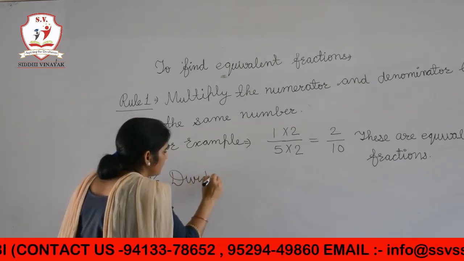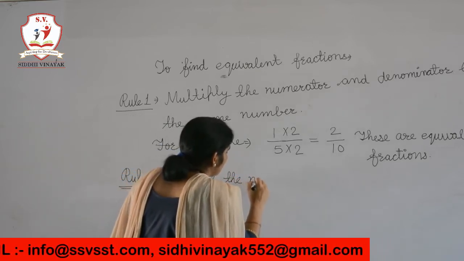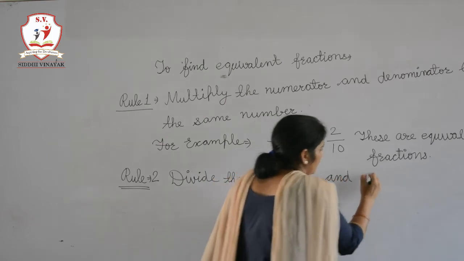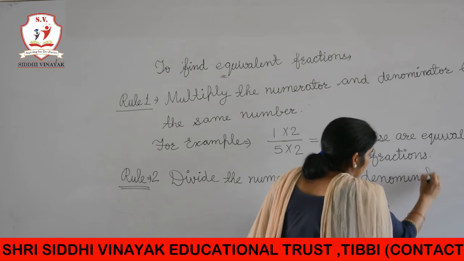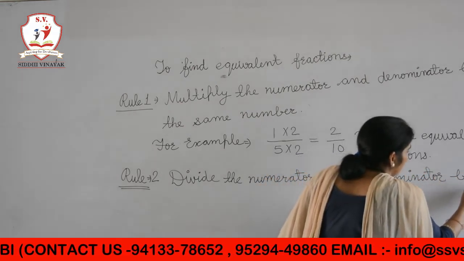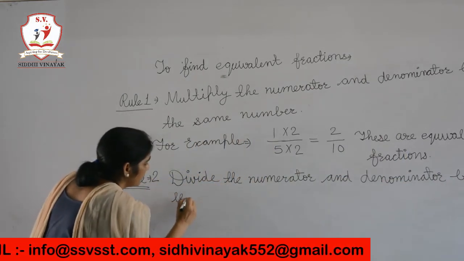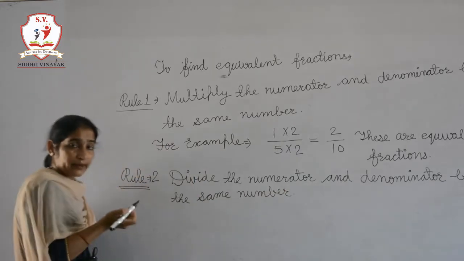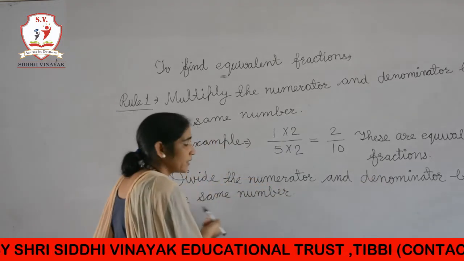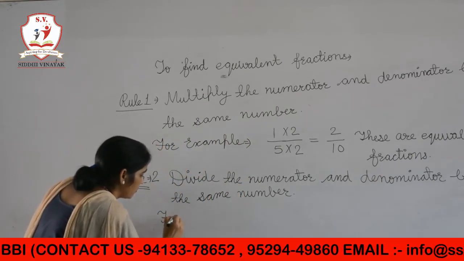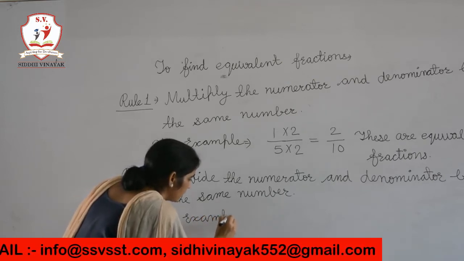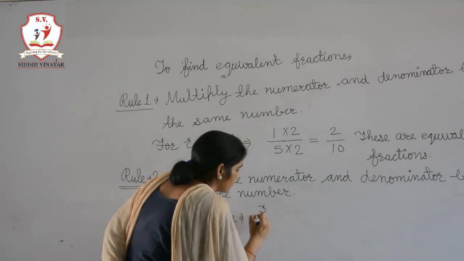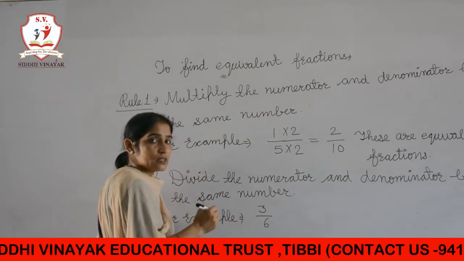Rule second: divide the numerator and denominator by the same number. For example, three upon 6.